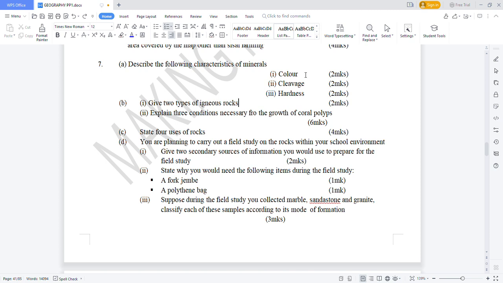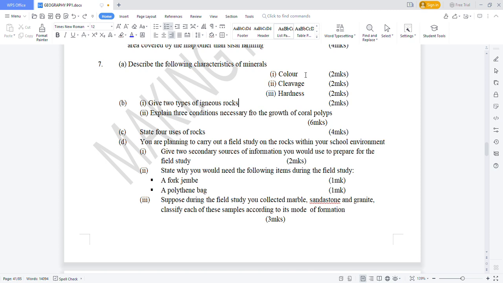Then part 2 of the question, state why you would need the following items during the field study. We have a fork jembe and a polythene bag.